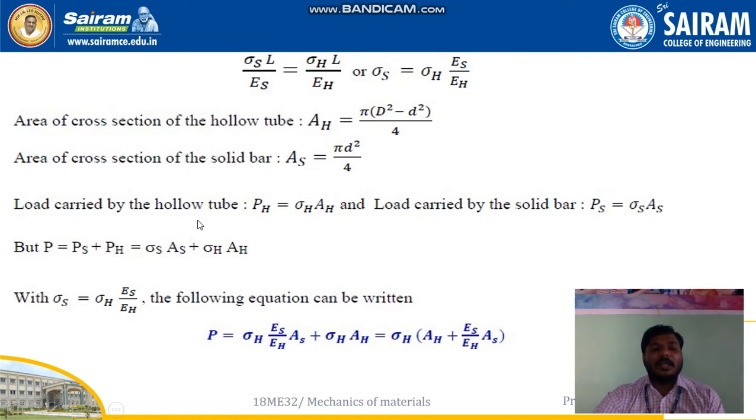Rearranging, the load P equals sigma h into Es divided by Eh into the cross-sectional area of the solid bar, plus the stress of the hollow tube into the area of the hollow tube. This equals sigma h times the area of the hollow tube plus Es divided by Eh into the cross-sectional area of the solid bar.